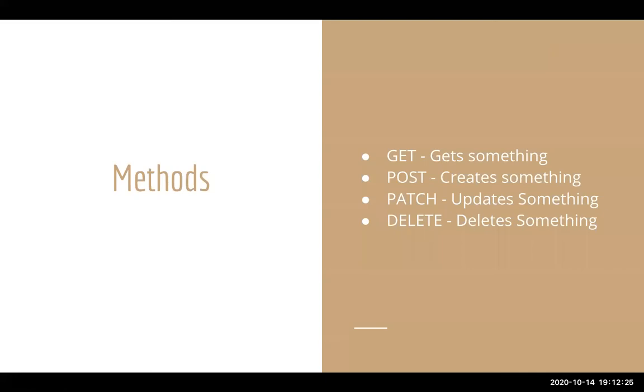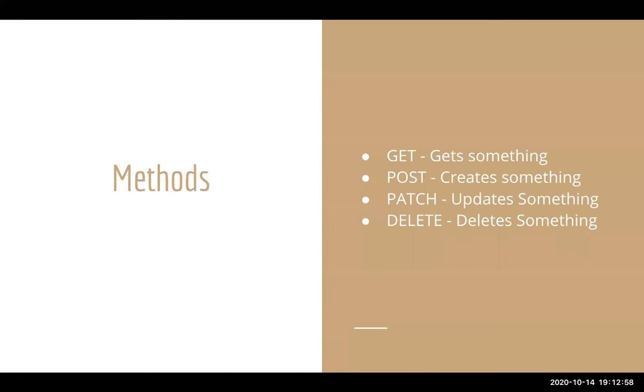HTTP request methods, there's a ton of them, but these are probably going to be the 4 that you use the most when either developing or using an API. You're going to use get, which usually gets something. It could be a single resource, or it could be multiple resources. Post, which usually creates something, but I've seen it used for logging in, for instance, or for a search route or something like that.